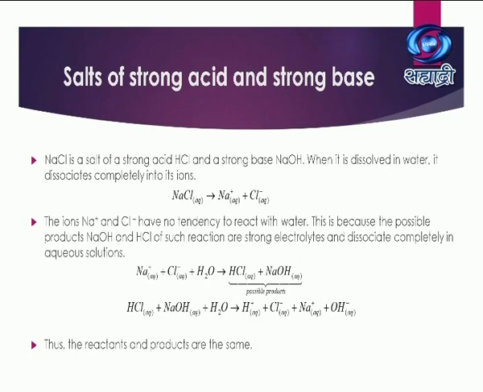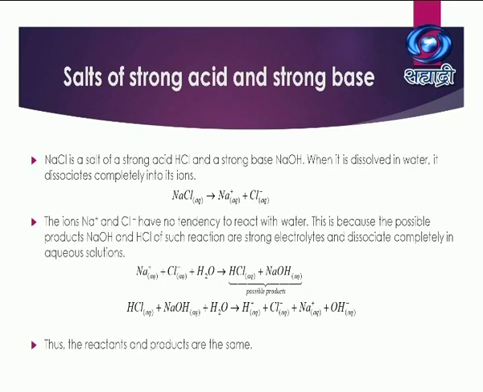So let us take the example of sodium chloride. Sodium chloride is a salt of strong acid HCl, hydrochloric acid, and strong base NaOH, sodium hydroxide. So whenever it is dissolved in water, it dissociates completely into the ions. Remember students, in this part, we are dealing with all salts which are completely soluble in water.